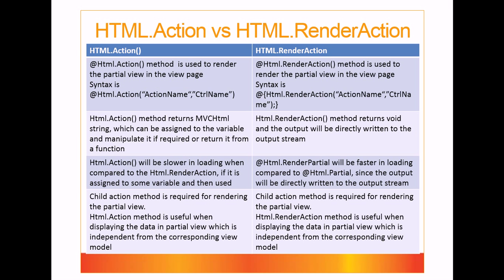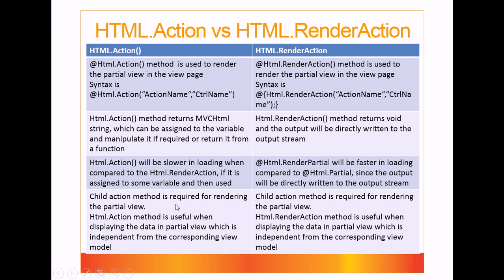Suppose you want to render the partial view along with data by calling a particular action method. Then we can go with @Html.Action or the RenderAction method. You can see this fourth point: for these methods, a child action method is required for rendering the partial view.